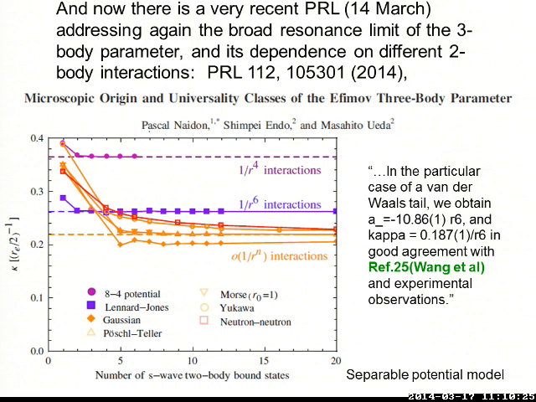And they've also done other potentials like an 8-4 potential, which is kind of like the 6-12 Lennard-Jones, except with r to the 6th replaced by r to the 4th. And they more or less confirmed what we found when they did many different van der Waals potentials as they varied the number of S-wave two-body bound states. I guess they went up to 10 also, which is about where we stopped. And you can see for van der Waals potentials, you get a very stable three-body parameter as you change the number of two-body bound states.